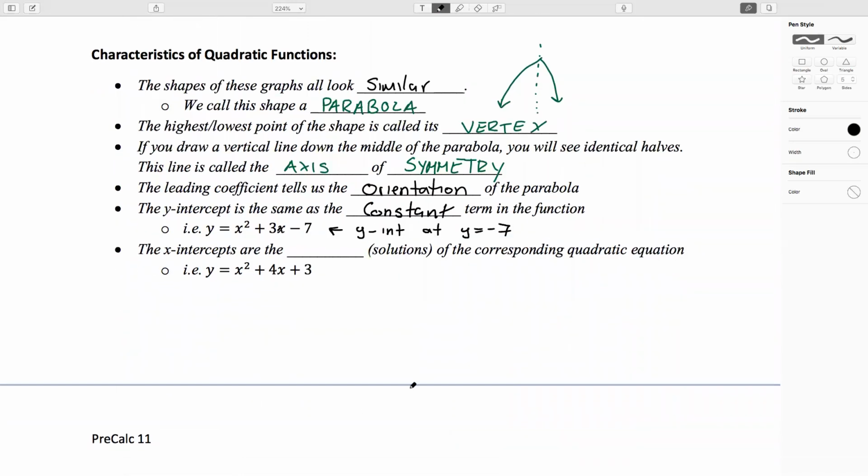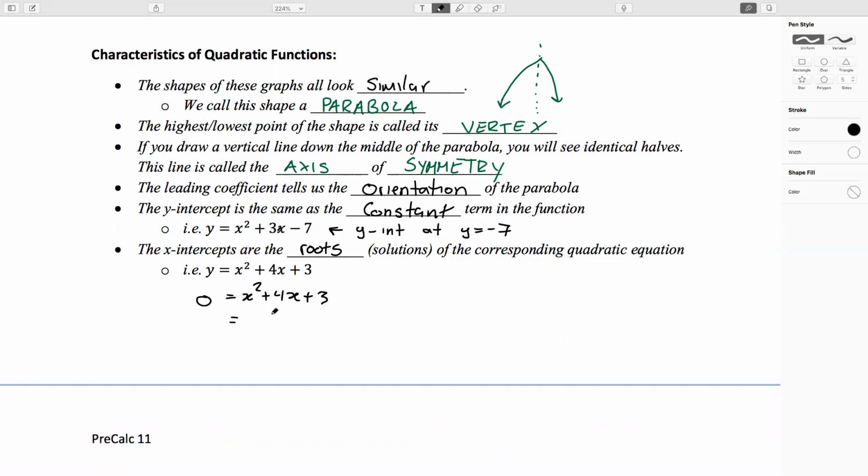The x-intercepts are the roots of the corresponding quadratic equation. Now, this is the big idea. This is the thing that we'll spend time on throughout this chapter. Basically, by solving the equation 0 equals x squared plus 4x plus 3, we've plugged in a y value of 0. That's the x-intercept. We can now use algebra to find the x-intercepts of our graph.